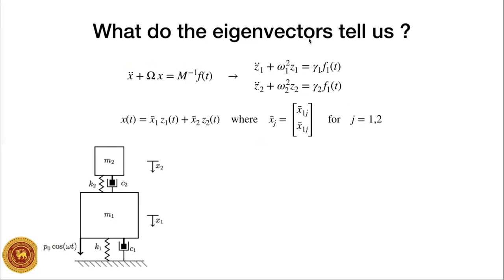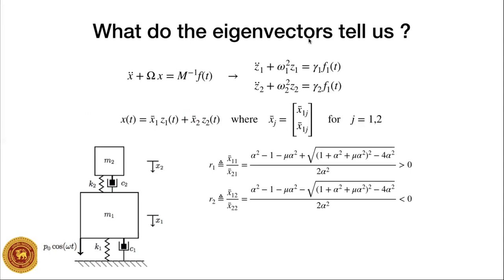And so x is given by that, where x1 bar has two elements, the eigenvectors have two elements. Now if you define this new variable of this divided by that, so for J equal to 1 it is the first eigenvector. When J is equal to 2, you get the second eigenvector. So for the first eigenvector, if you divide this by that, that ratio is R1.